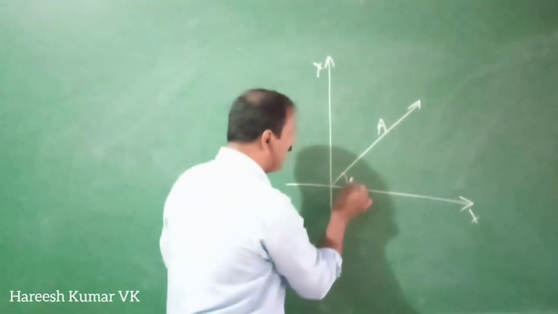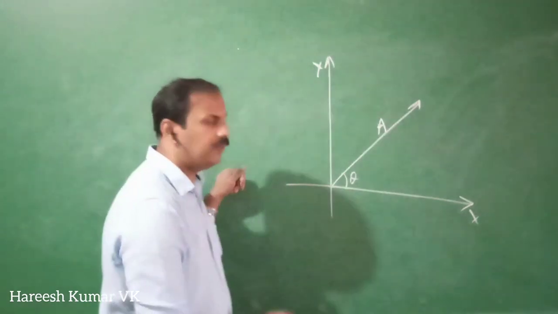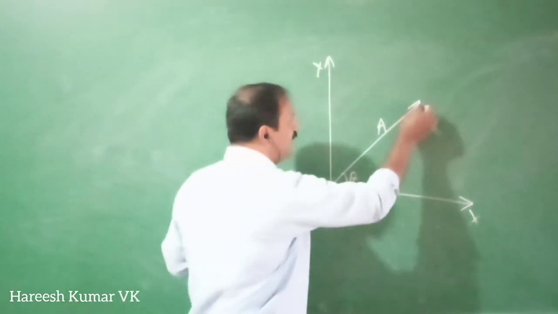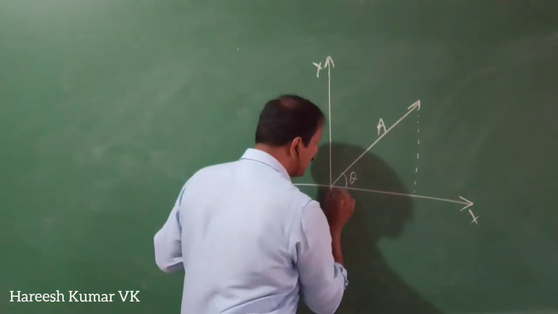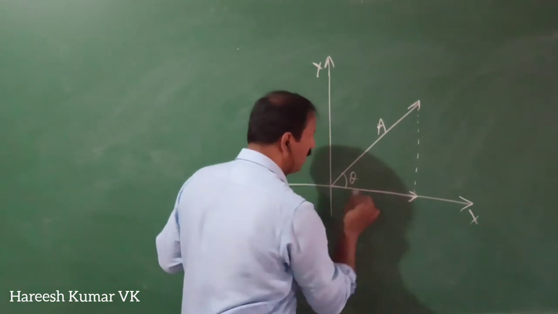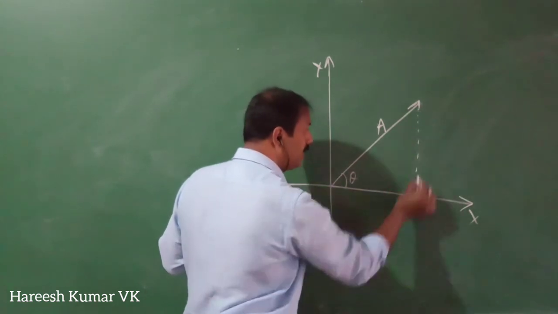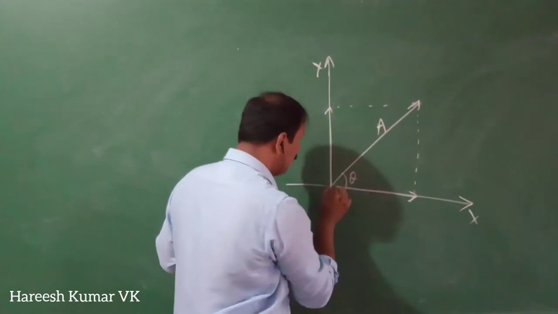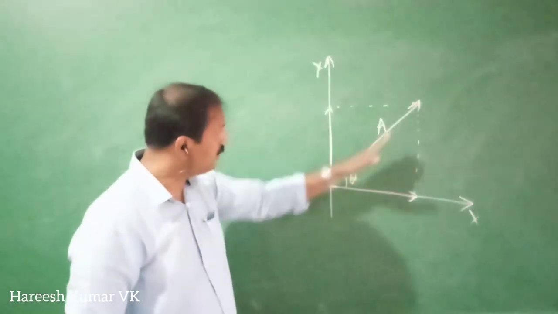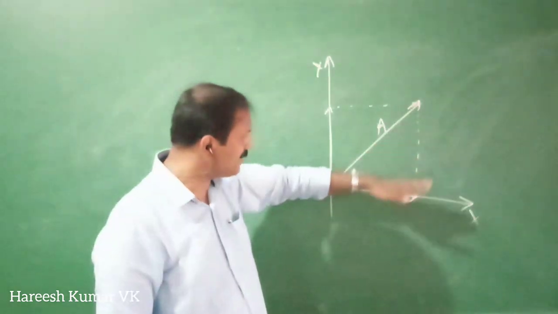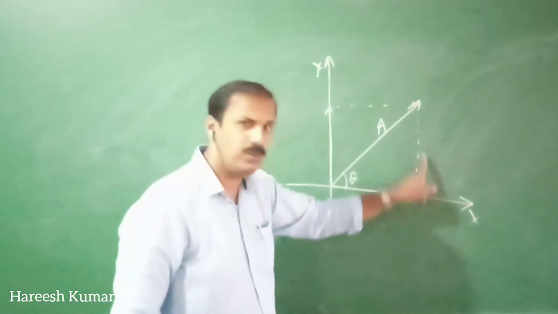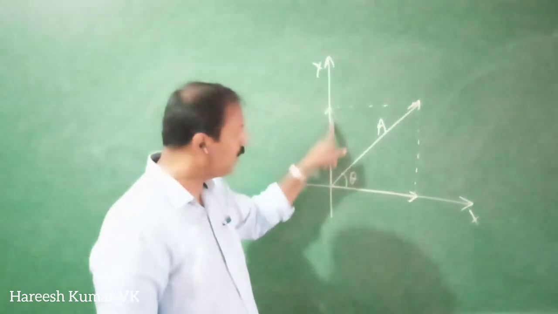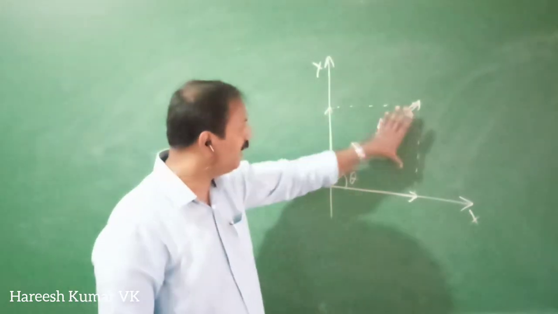So this vector is A, and for example, it makes an angle theta here. If the vector A makes an angle theta here, it can be expressed as the sum of this vector and this vector. This vector I will draw here. You understood? This vector is the same as this one, so here and here the length will be the same.